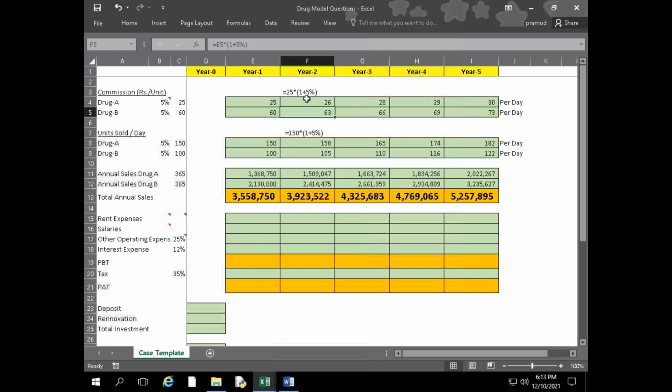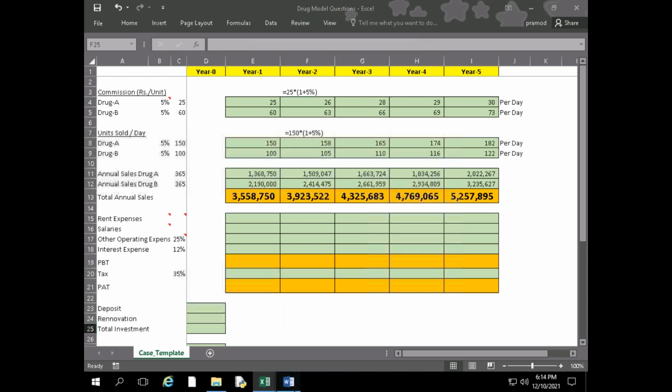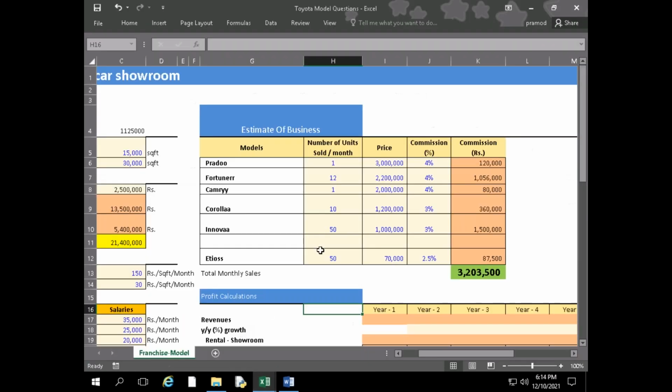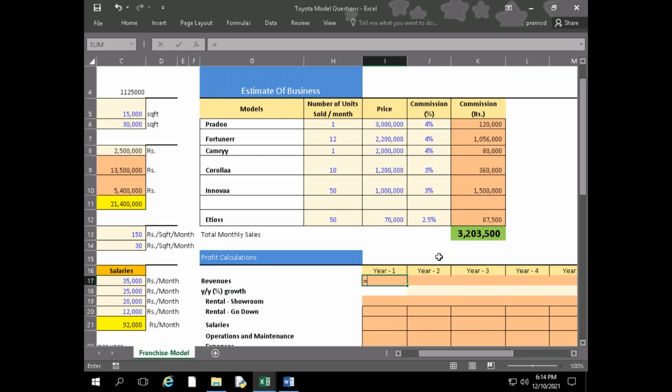This is year-to-year growth. What was the value of revenue, first year? It is only total sales into 12. You are getting the same answer.